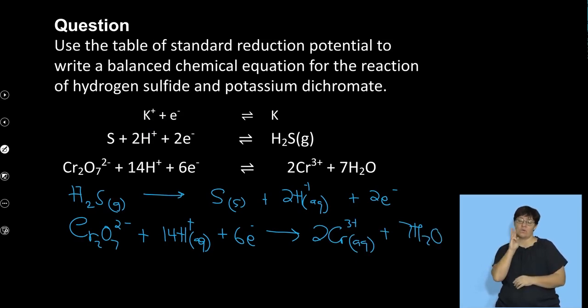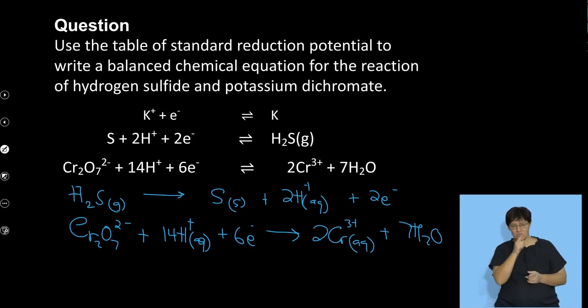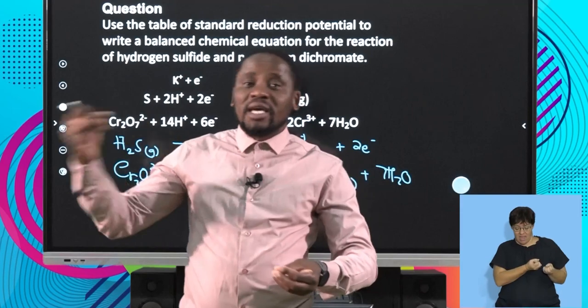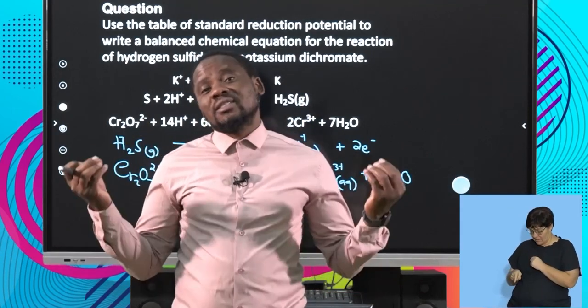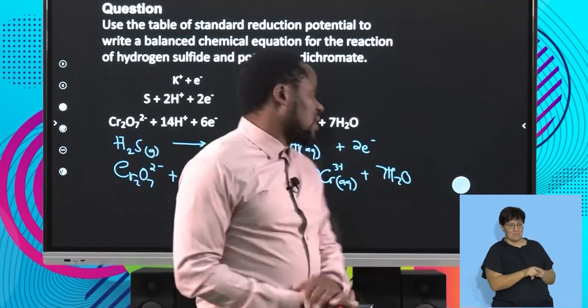Now, these are the two half reactions. So that's our oxidation and that's our reduction. This is our oxidation half reaction, and the below one for the dichromate is our reduction. For us to balance the number of electrons, the thinking is whatever is lost must be equal to what is gained, which is also equal to what is transferred between the reducing agent and the oxidizing agent.